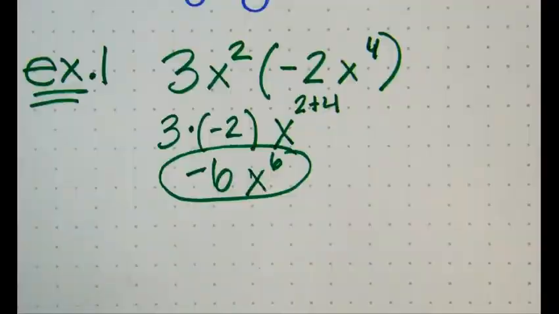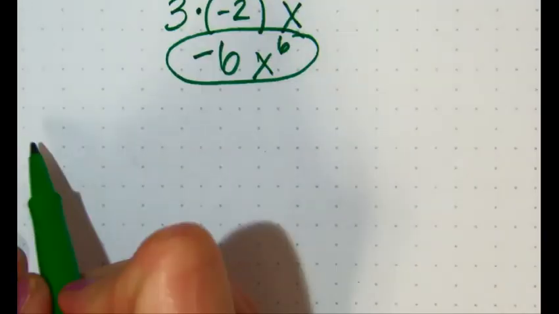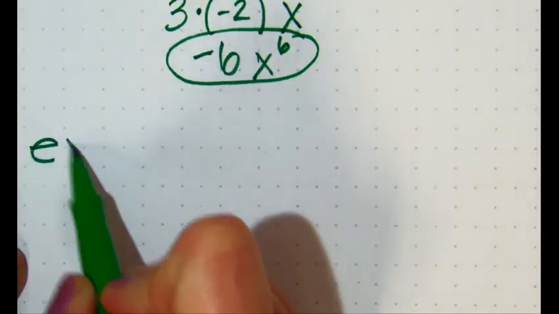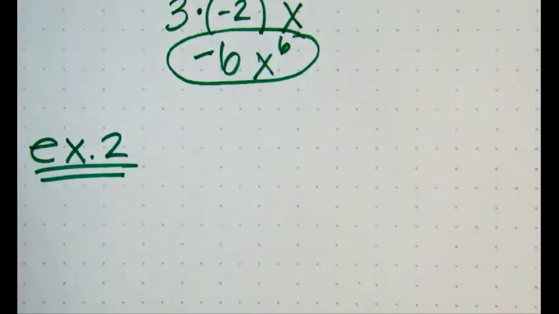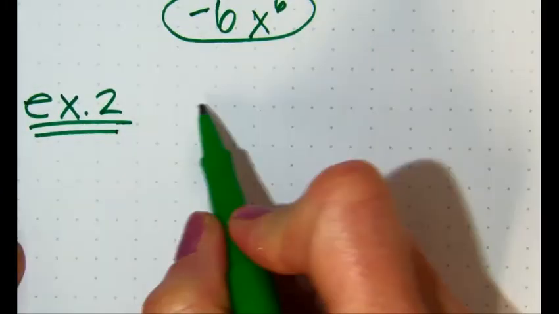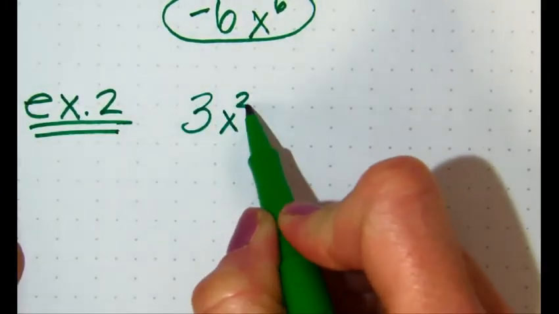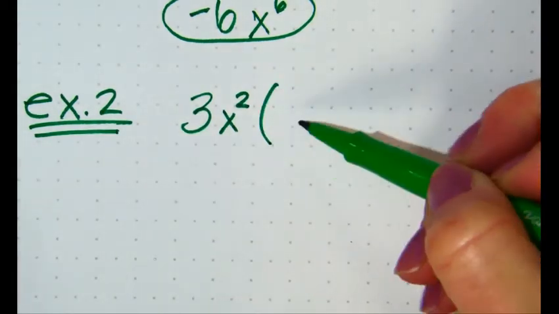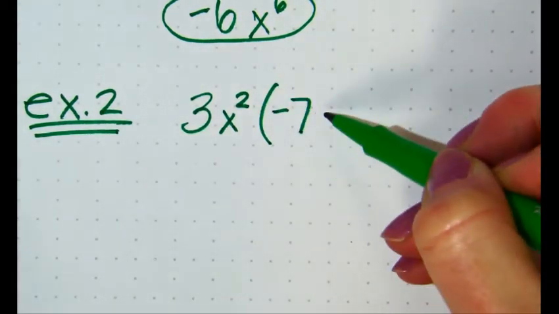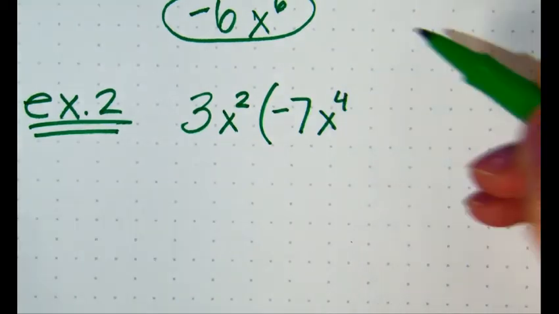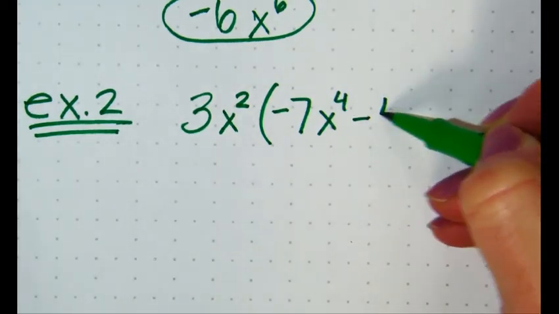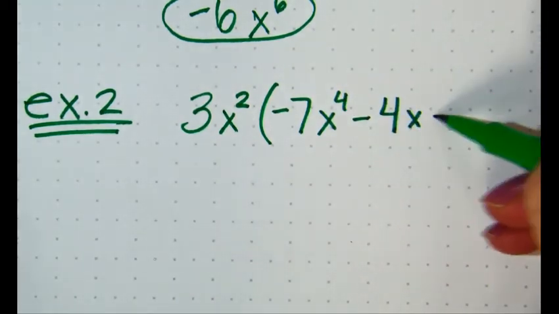All right. So moving on from there, we're going to add a little level of challenge. So this next example is going to look familiar because we have something outside that's being multiplied by an expression inside.